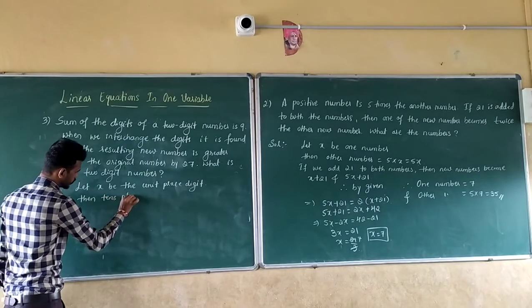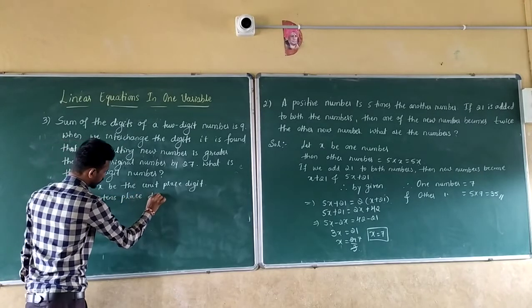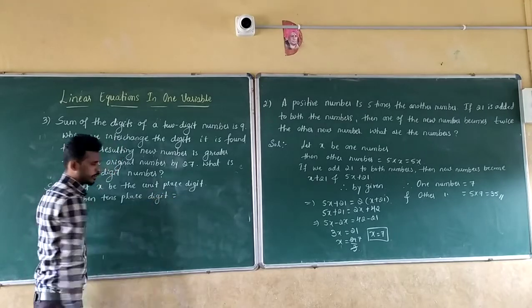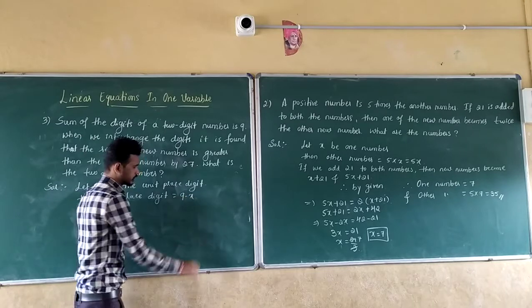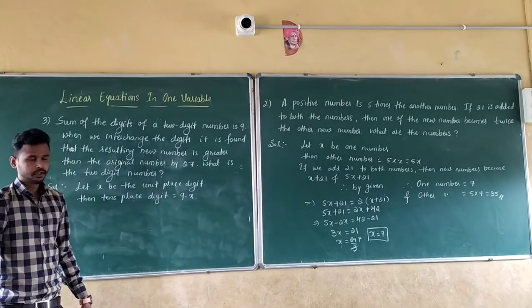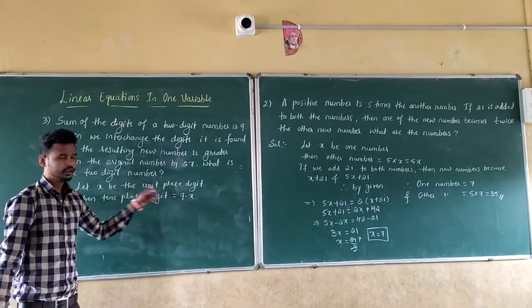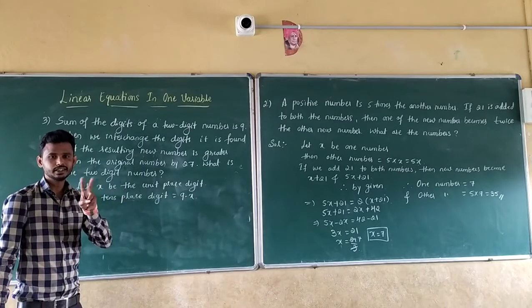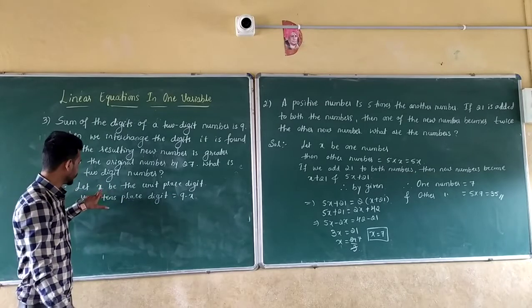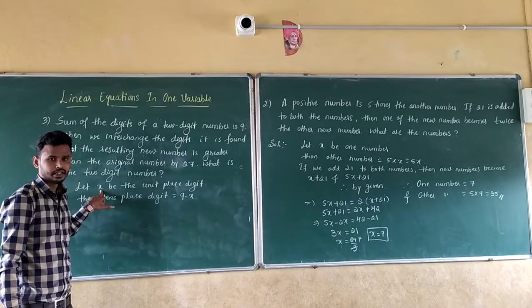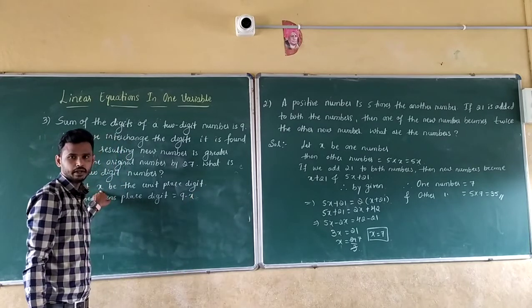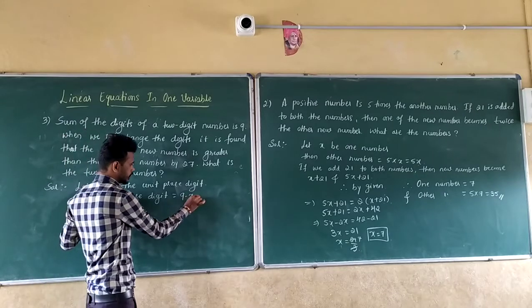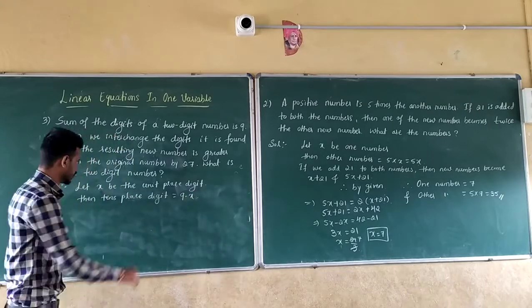Then what will the tens place digit be? That is 9 minus x, because the sum of both digits is 9. So if the unit place digit is x, then the tens place digit should be 9 minus x.